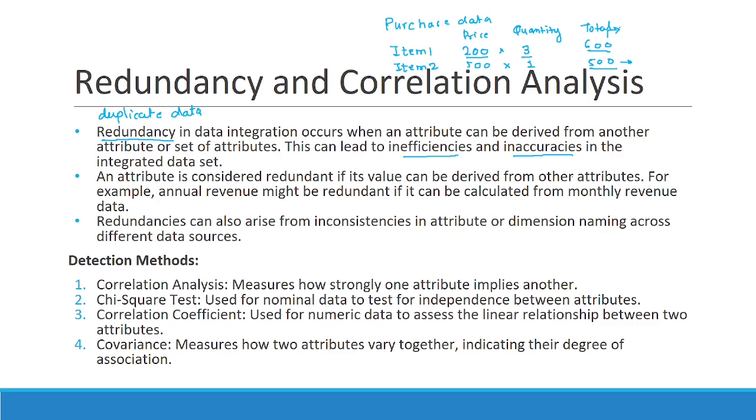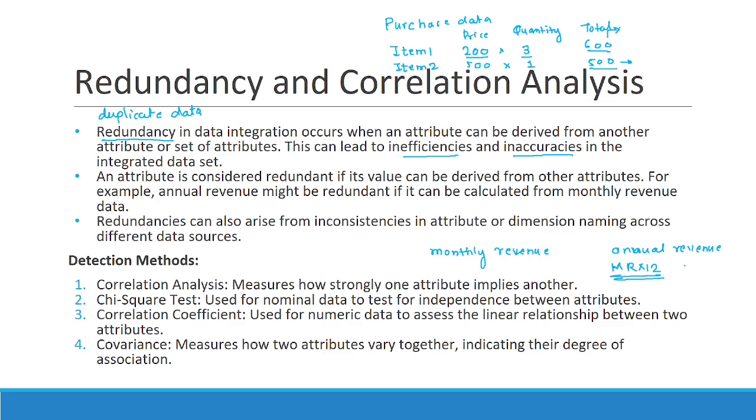For example, annual revenue might be redundant if it is calculated from monthly revenue data. Means in some database, if you are storing monthly revenue, and along with monthly revenue if you are storing annual revenue, and this annual revenue is nothing but monthly revenue into 12, so what is the need of storing this annual revenue?